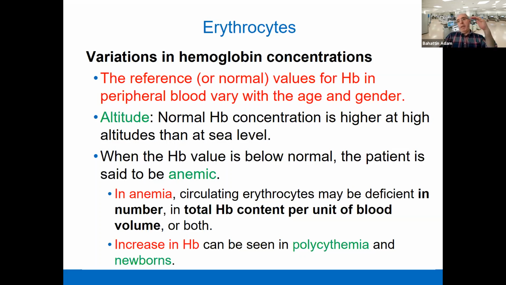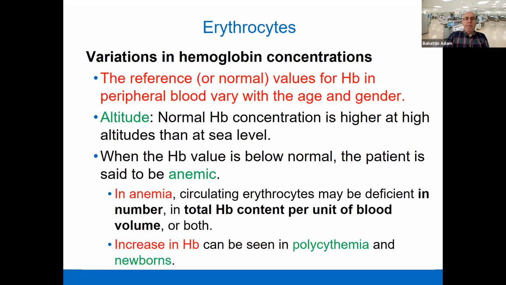The percentage of oxygen in the air that we inspire is lower, and therefore the need of the body for oxygen should be met via the hemoglobin concentration. The body will increase the concentration of the hemoglobin in order to meet the need for oxygen for the tissue cells.